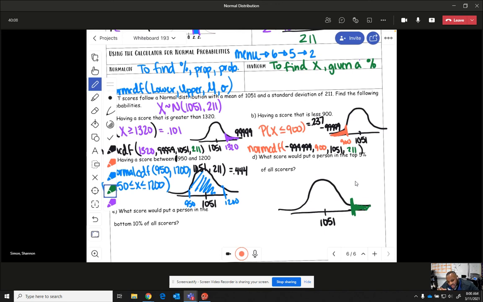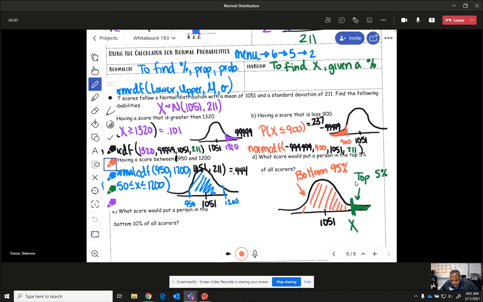So the inverse normal can calculate this, but the problem is the inverse normal can only calculate the left tail of the distribution. That's okay, because the top 5% also corresponds to the bottom 95%.